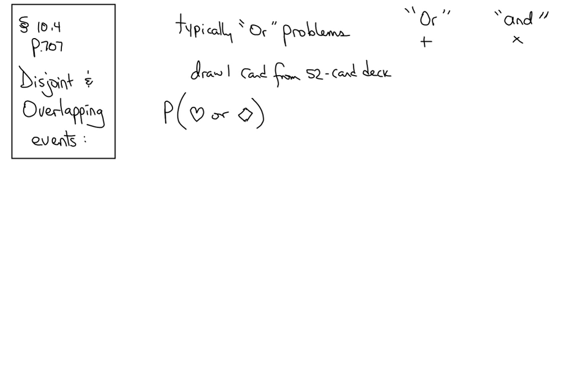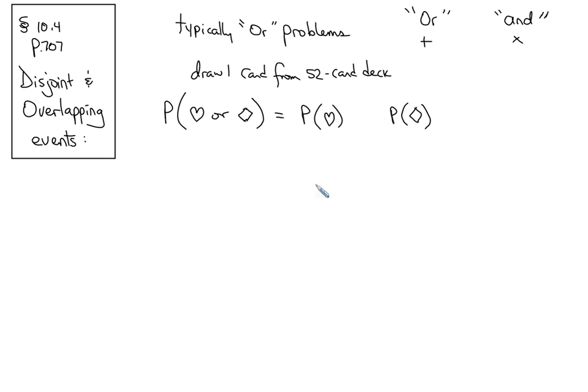When you have an OR problem like this, you have to figure out the probabilities of the two different possible categories of outcomes separately. You have to look at the probability of getting a heart and the probability of getting a diamond.